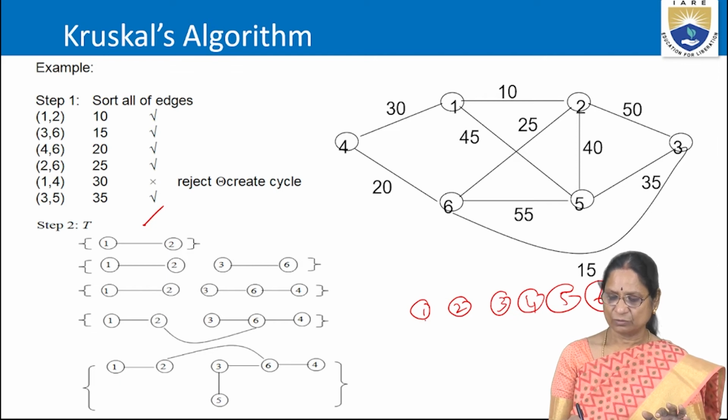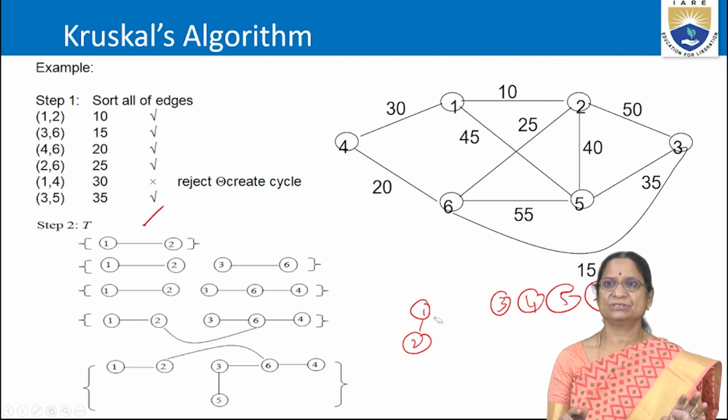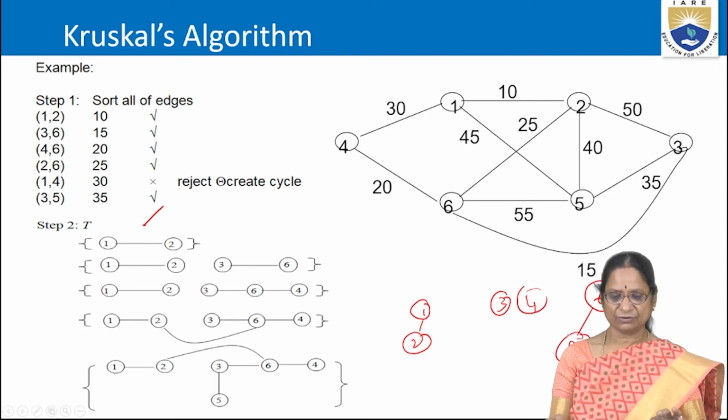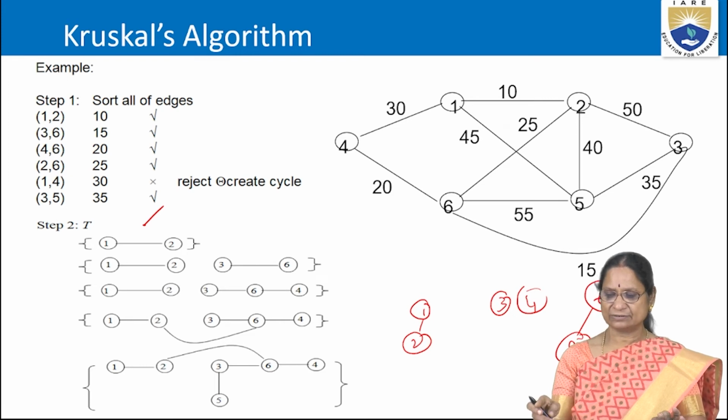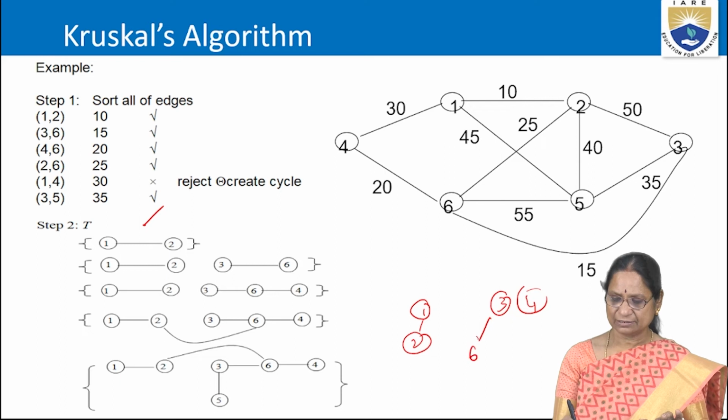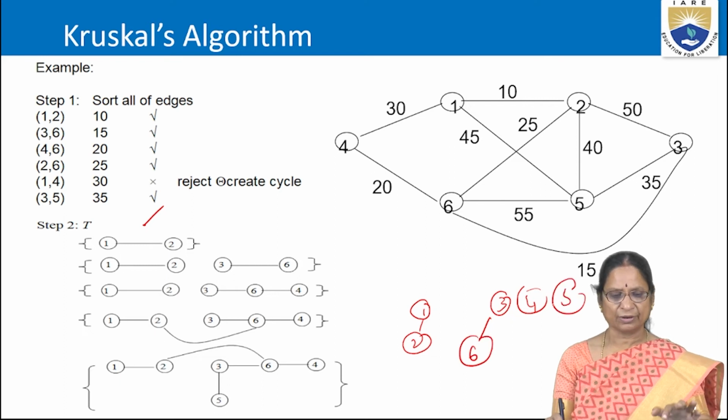Okay. Now 2 can be a child of 1, or 1 can be a child of 2. 5 6: so 5 and 6 belong to 2 different sets. So I'll consider 5 can be a child of 6, whatever it may be, you can write. 3 6 is the least cost, so 3 6 can be considered. 3 can be a child of 4. Third edge is 4 6.